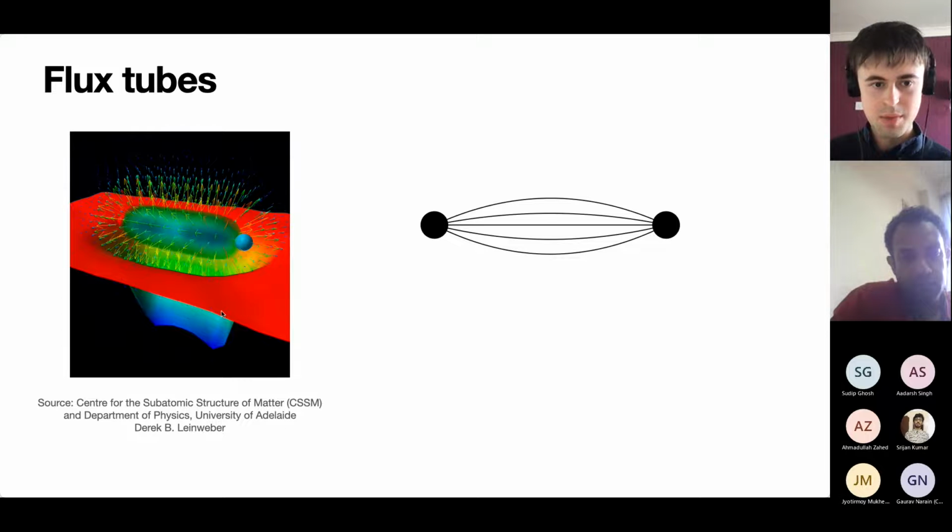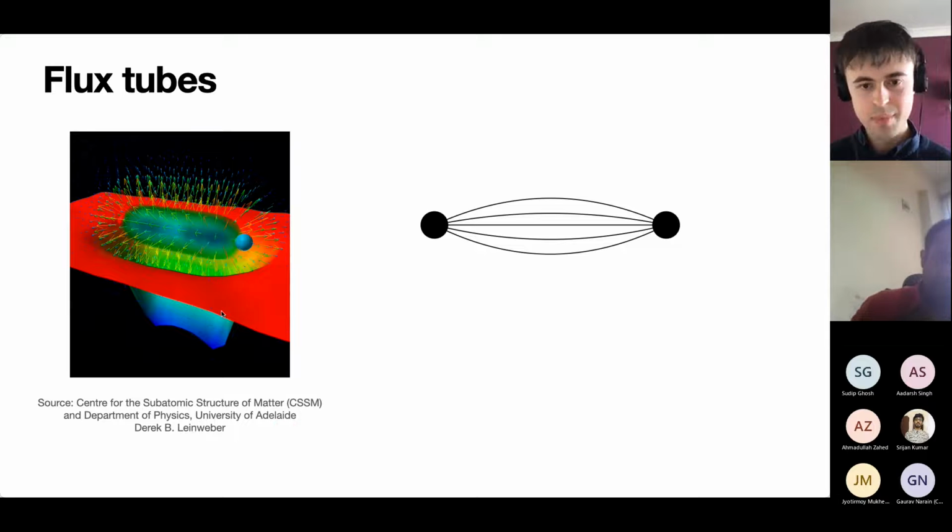Flux tubes are the most interesting and distinctive property of the standard confined phase. And when you place a quark and an antiquark in the theory, a tube of chromoelectric flux forms between them. This tube is made out of the gluon field, and they were first proposed theoretically, and now they appear in simulations like this one from the University of Adelaide.